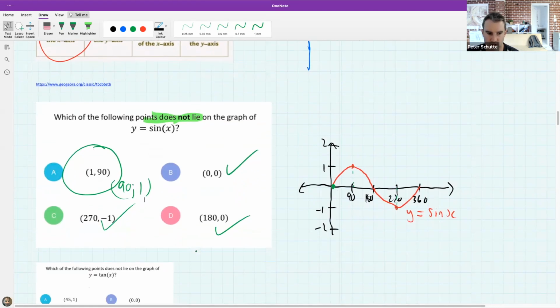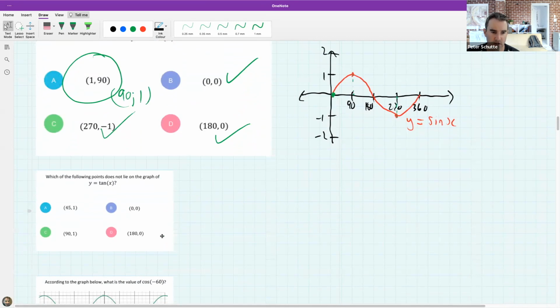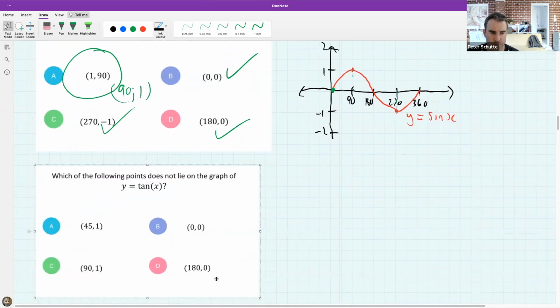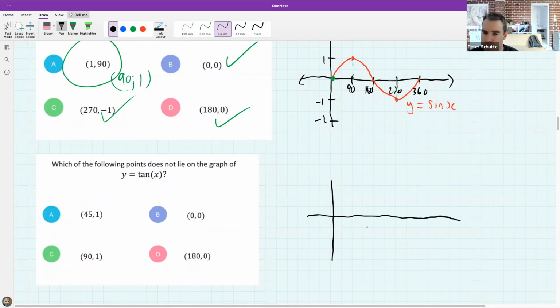Let's do this one. Which of the following points do not lie on the tan graph? Keep going, guys.